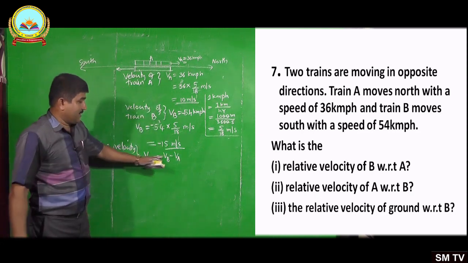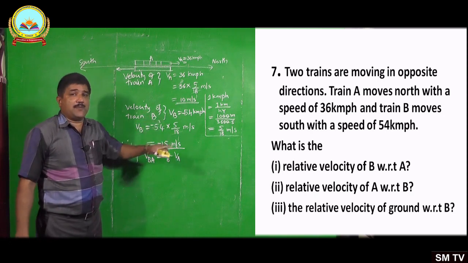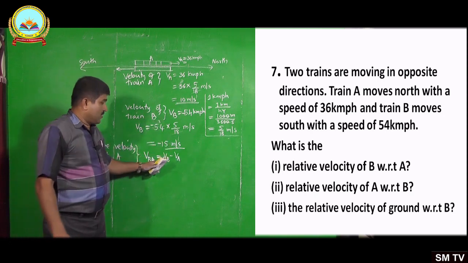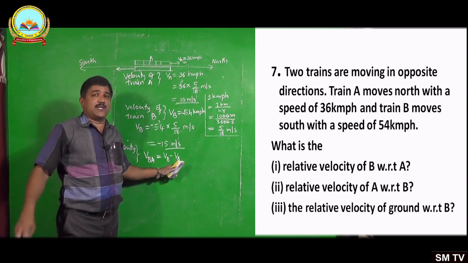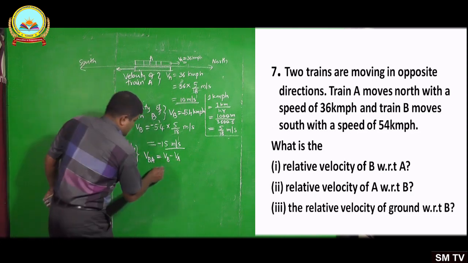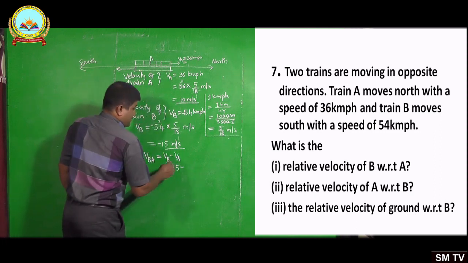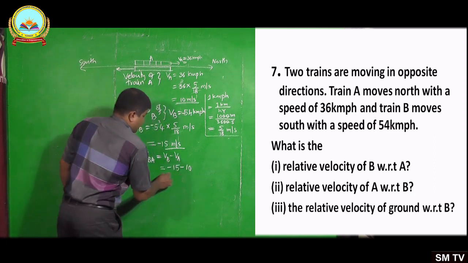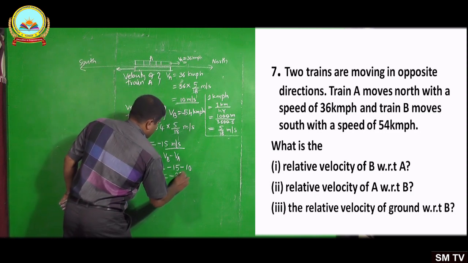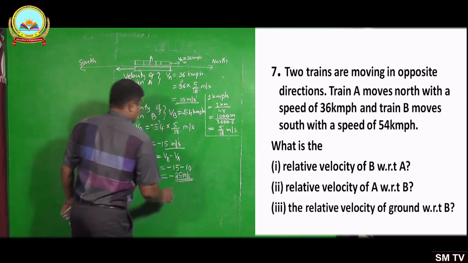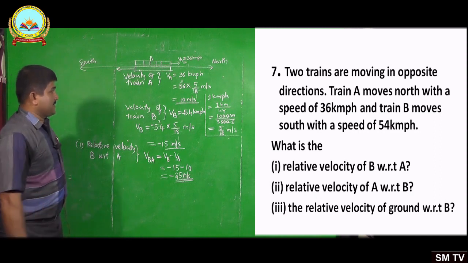Always, relative velocity of B with respect to A means the first one minus the second one, the one with respect to which we measure. So it is VB, minus 15, then minus VA, which is 10. So minus 15 minus 10 is minus 25 meter per second.